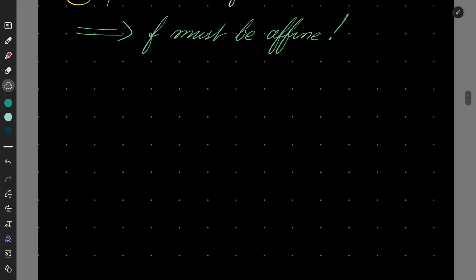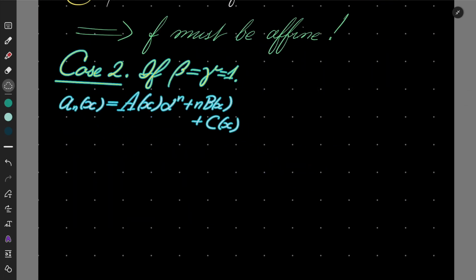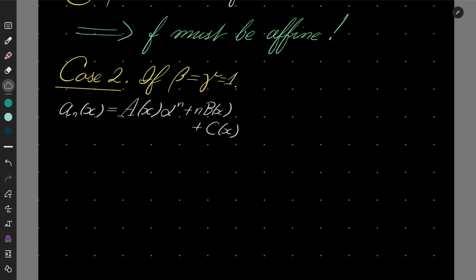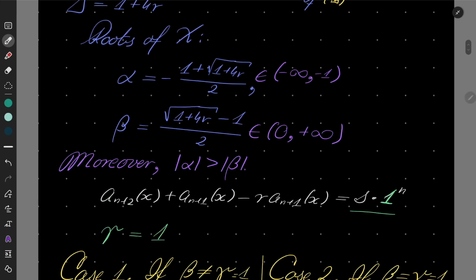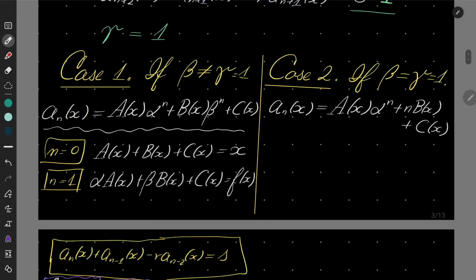What happens now? Well, remember that alpha, the first root, is some number between minus infinity and minus 1. Yes, because of this. We have established it.